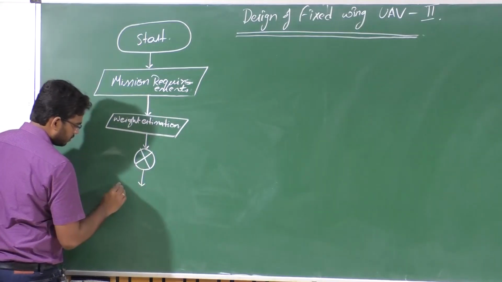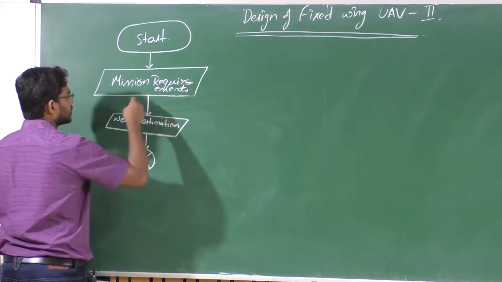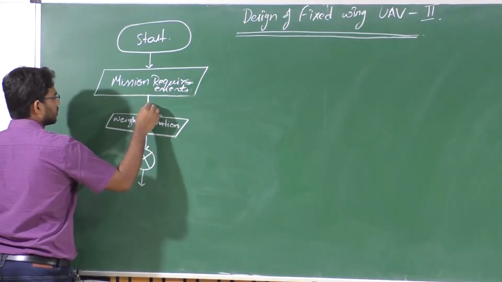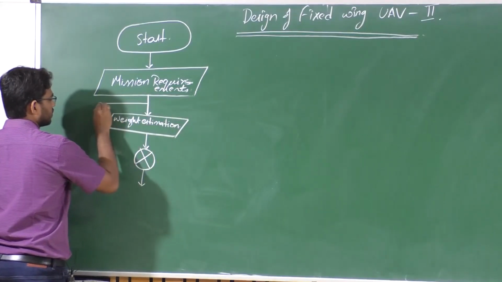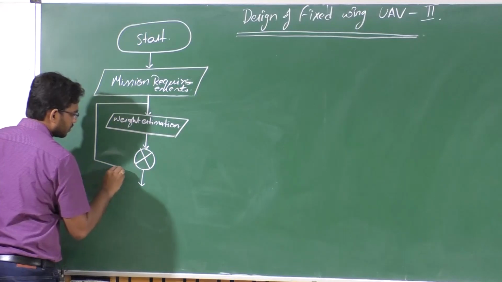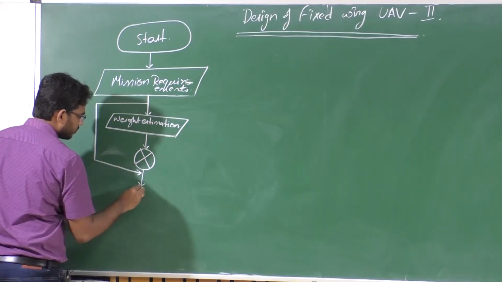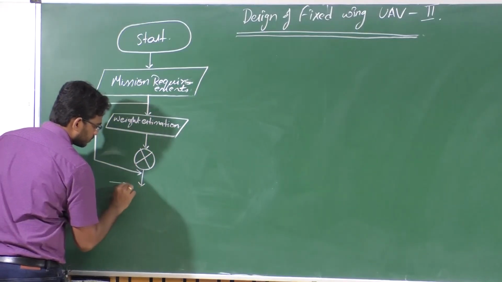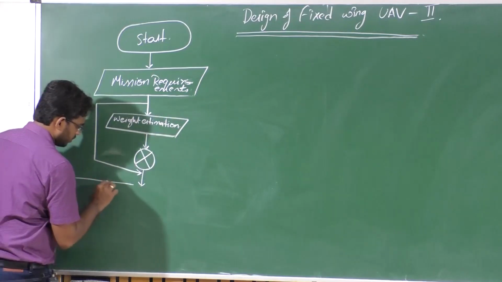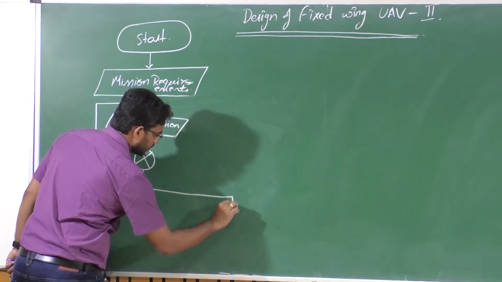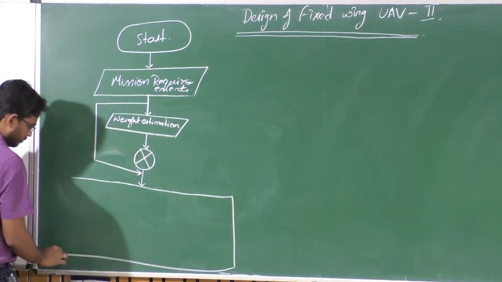And then we can use this weight estimation, and of course these mission requirements will also be useful again, right? So we can use this for initial geometry or initial configuration selection.